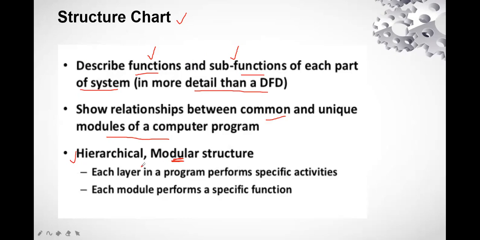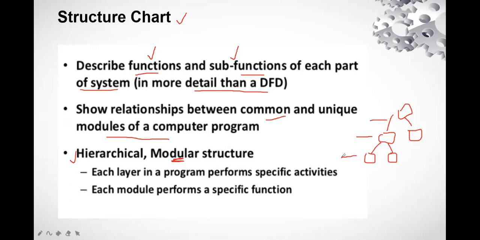In this, we have layers. When we talk about hierarchy, it means we are going to have layers. The complete system is divided into modules, and these modules are further divided into sub-modules, so this forms the hierarchical structure. In this hierarchical structure we have layers, like here we have layers 1, 2, and 3.